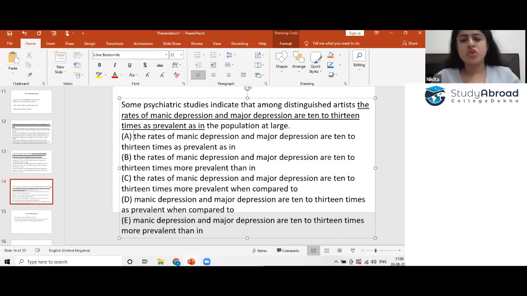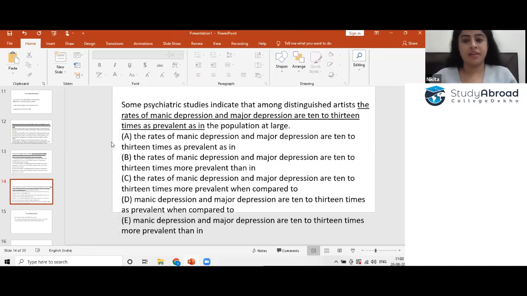You see the word "prevalent" over here. What do we mean by prevalent? Prevalent means widespread. What would be widespread? Manic depression would be widespread. The rate cannot be widespread; there is no good relation between these two things. So that lands us at eliminating A, B, and C right away.